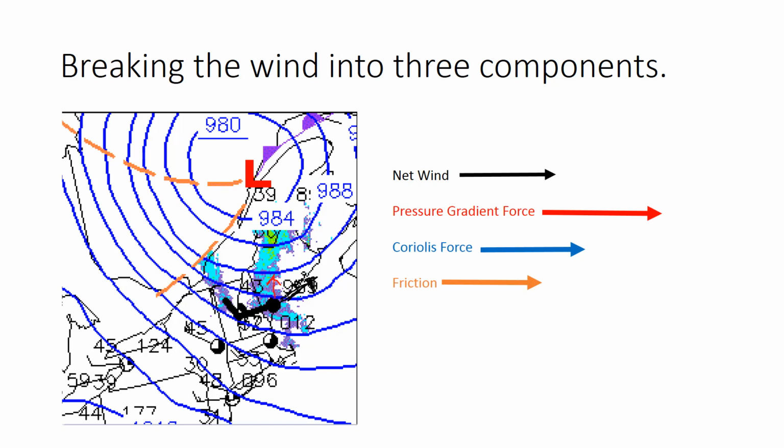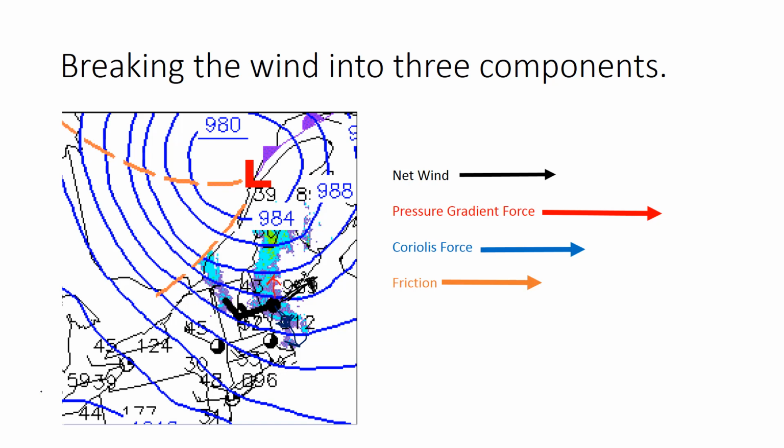So since the wind was blowing this way, and I actually messed up my arrow a little bit, the Coriolis force is going to be 90 degrees to the right of that path. So there's my Coriolis force wind. And actually that looks terrible because it's overlapping, so maybe I'll just draw it like that. But there's my Coriolis force wind.